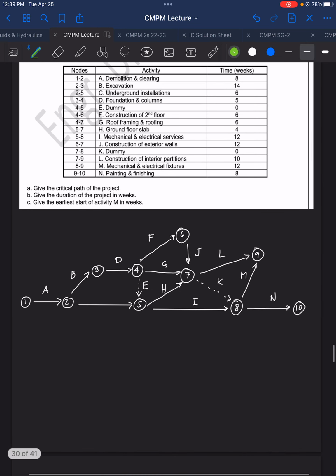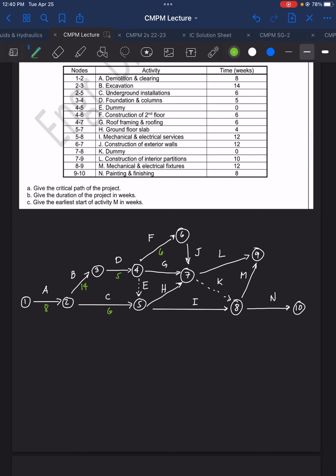So it's in weeks. For A, we have 8 weeks duration. For B, we have 14. D, we have 5 weeks duration. For E, there's none. F, or where is the C? So this is C, 2 to 5 is the C, that is 6. For the F, we have 6 as well.